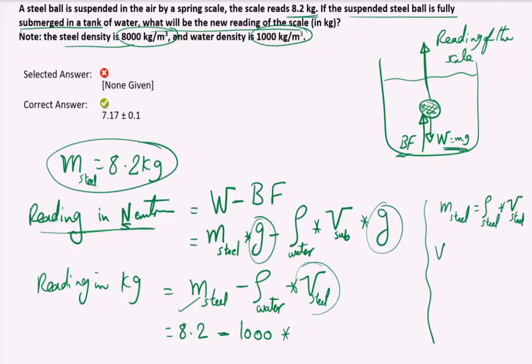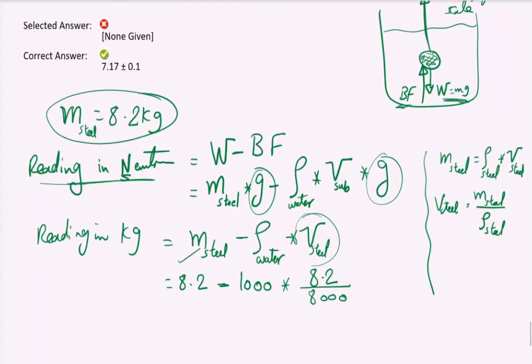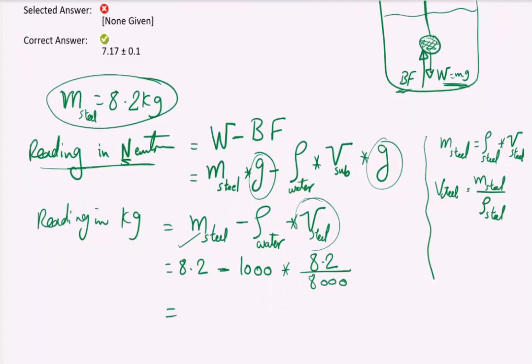Or I can say, also I need the volume, so the volume of the steel equals the mass of the steel ball divided by the density of the steel. So the volume of the steel equals the mass, which is 8.2 kilogram, divided by the density of the steel, which is 8000. Substitute. Let's do it again together. So 8.2.